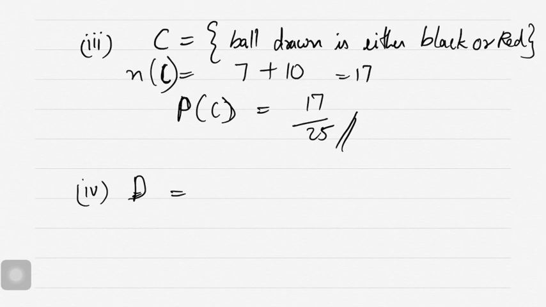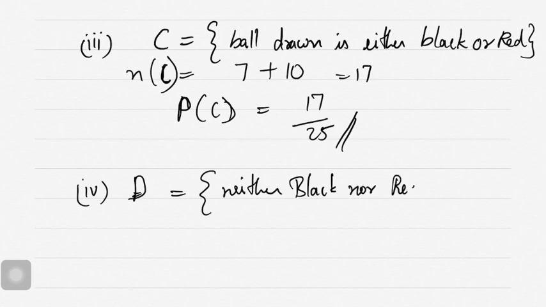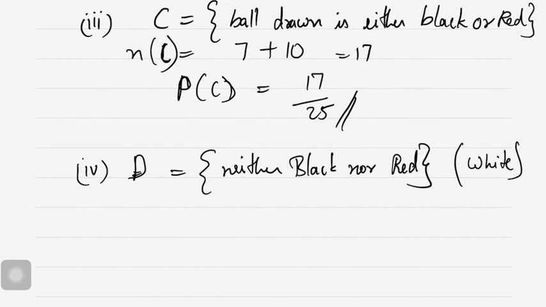And the last part, D, is neither black nor red. Ball drawn is neither black nor red. It means it is white. Correct? It means white. So how many white balls are there?